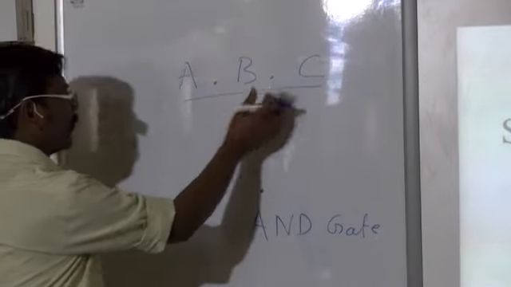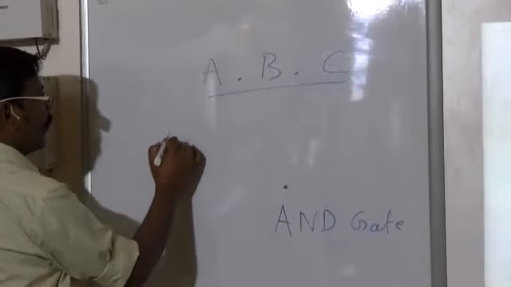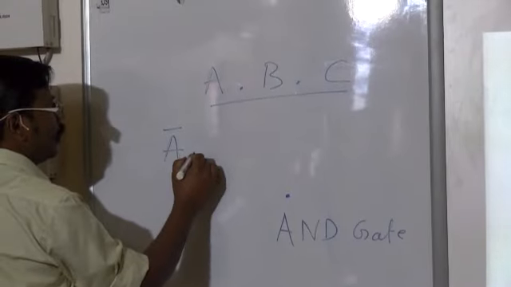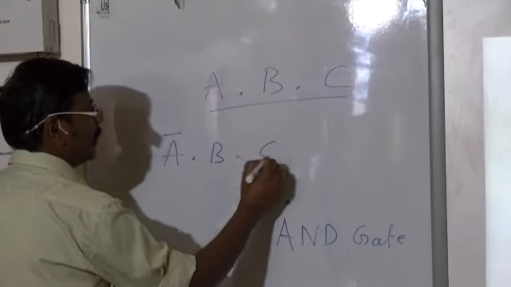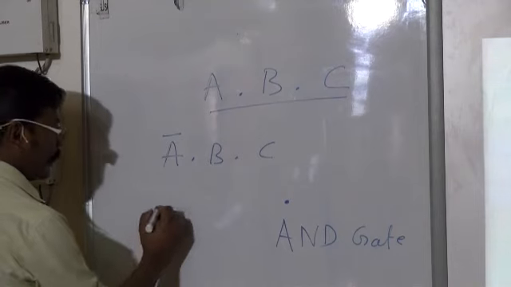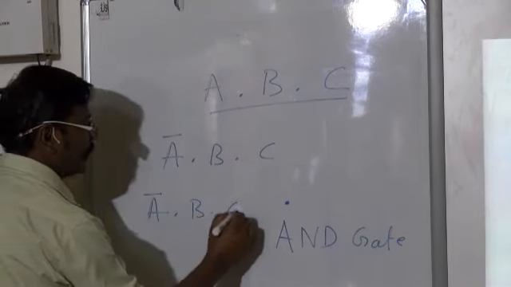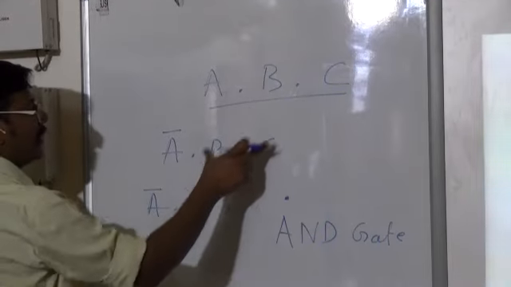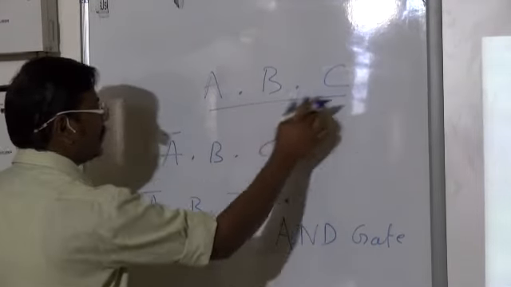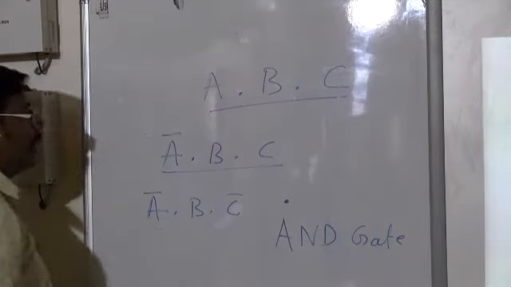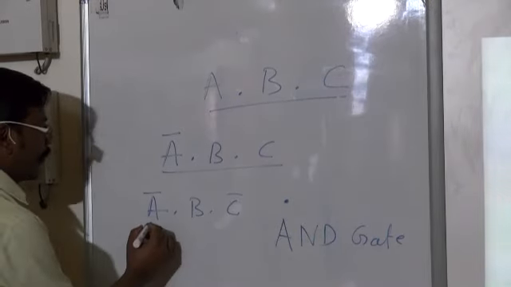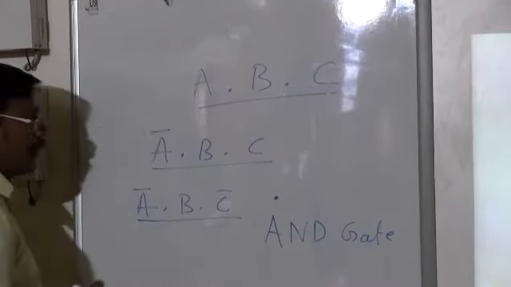Suppose we have another term, A complement dot B dot C. One more, let's have A complement dot B dot C complement. So each one is a product. This is a product of ABC. This is a product of A complement B C. This is a product of A complement B C complement.